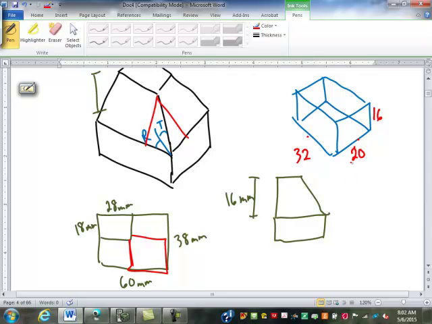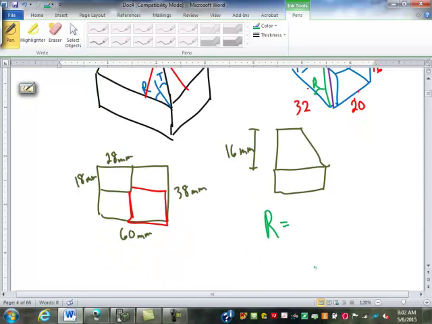Now what? Angle of rotation is right here. R will be, you got it, 20 over 32, which will be 32 degrees.